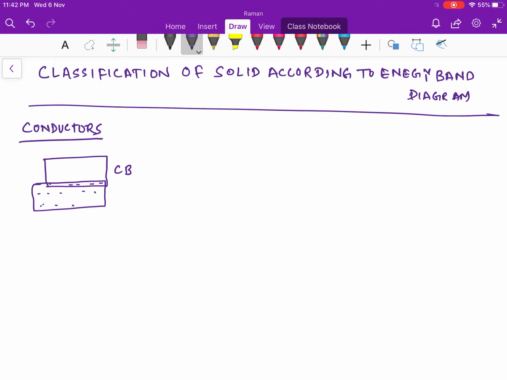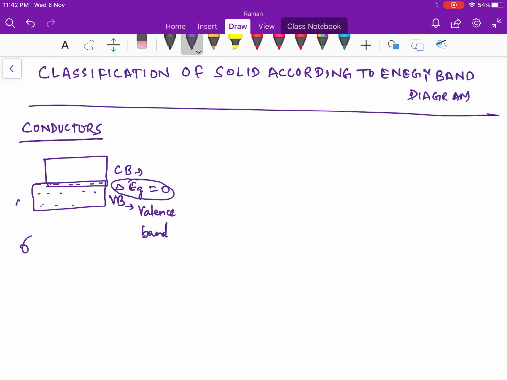That is, the energy gap between the conduction band and the valence band, this one is the valence band, VB, and this one is the conduction band. So the energy gap is almost zero.